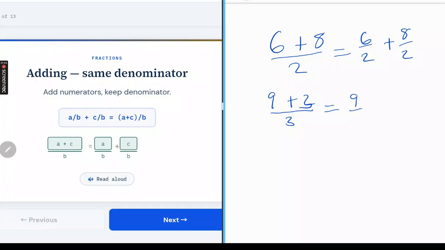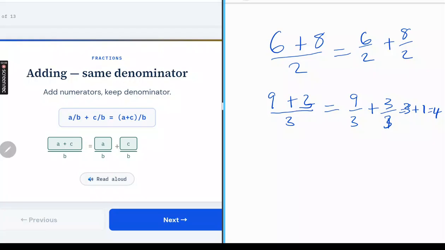So this is 9 over 3 plus 3 over 3, which is 3 plus 1, which is 4. You see, you don't need to memorize the formula. You just understand it.